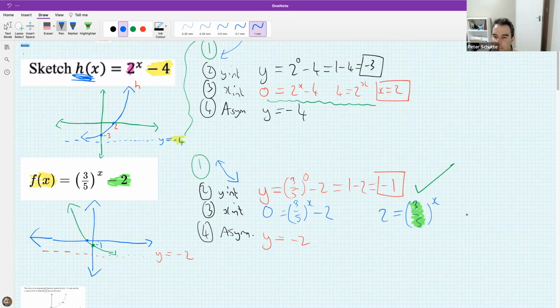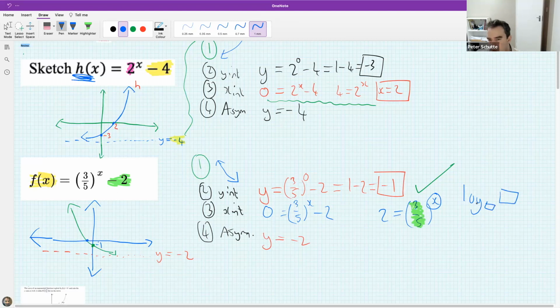Now, I will show you how to get the answer just because it's interesting. If you want to find this exponent up here, there's a button on your calculator that looks like this. So it's log and it has a little square there and a square there. All you need to do to solve this exponential equation is you put the base, which in this case is 3/5, in the bottom block.